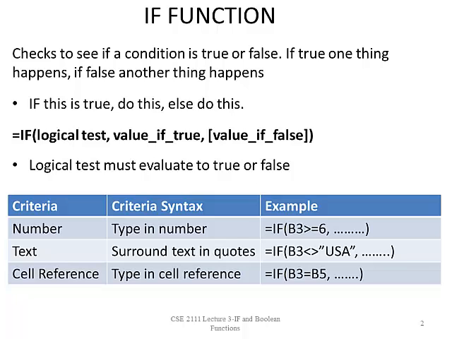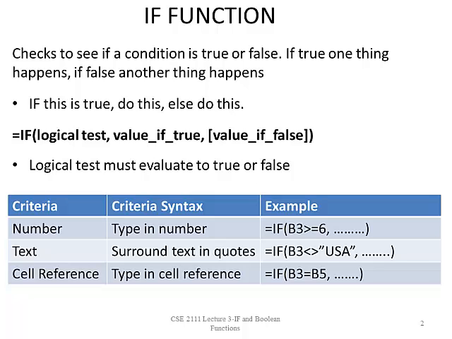Let's say you are using text as your criteria. You always surround text in quotes. If B3 is not equal to "USA", comma, do this, else do this. Notice it's text, so you have to put quotes around it.